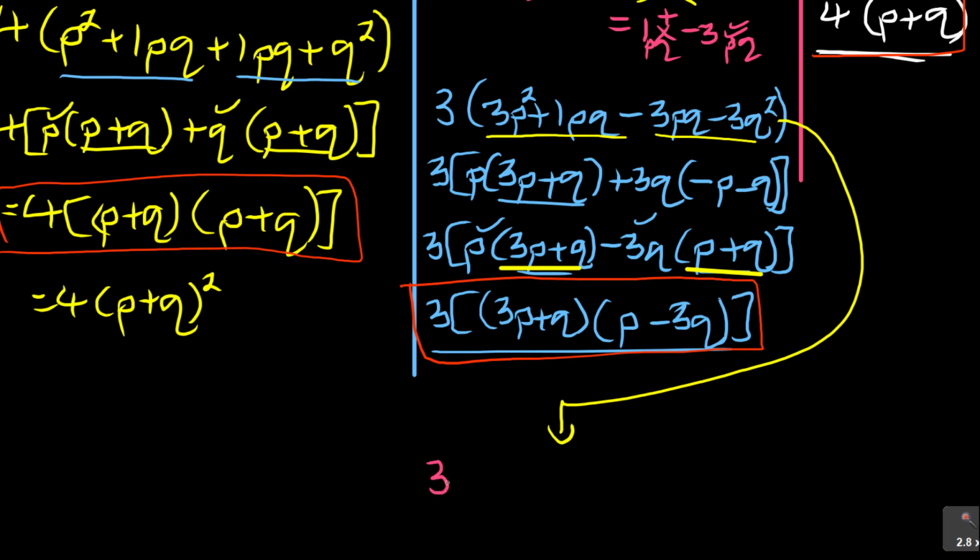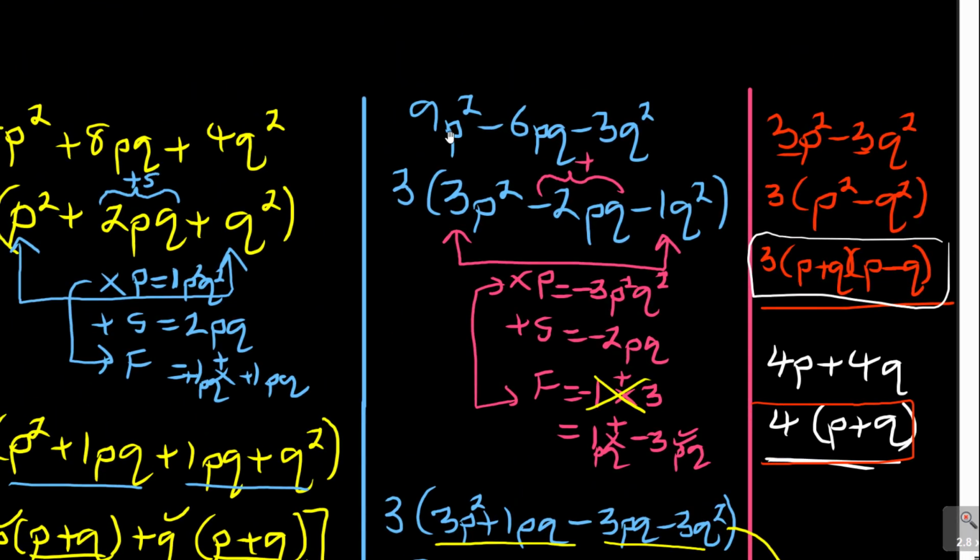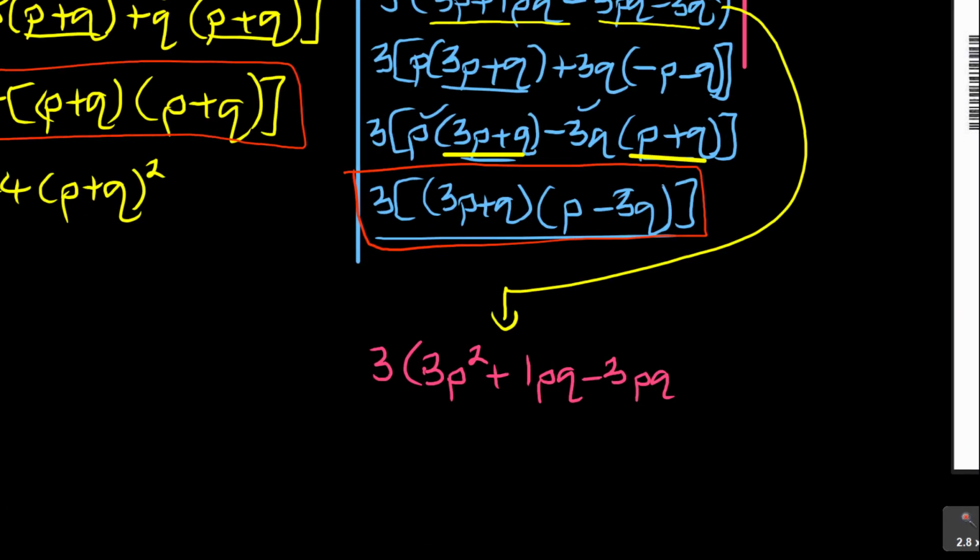We said I had 3, and then I had 3p squared plus 1pq minus 3pq, and then was it a 3 when I took out? See, it was a 1. That's where things got wrong. It's not supposed to have a 3 there. It's supposed to have a 1, which is the error that I made.